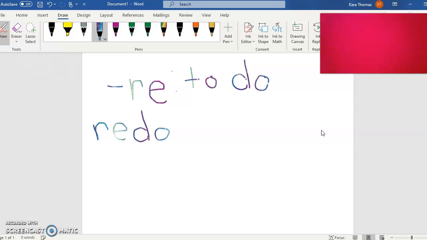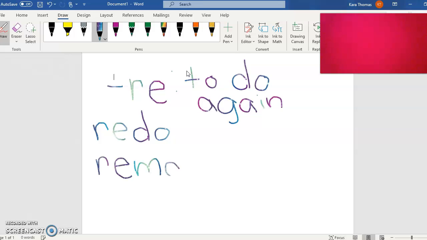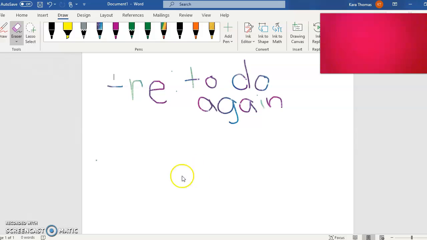So if you made the word redo, it changes the meaning of the word do to mean do it again. If you added re to the word make, you have the new word remake, which would mean to make it again. All right, that's the first prefix.